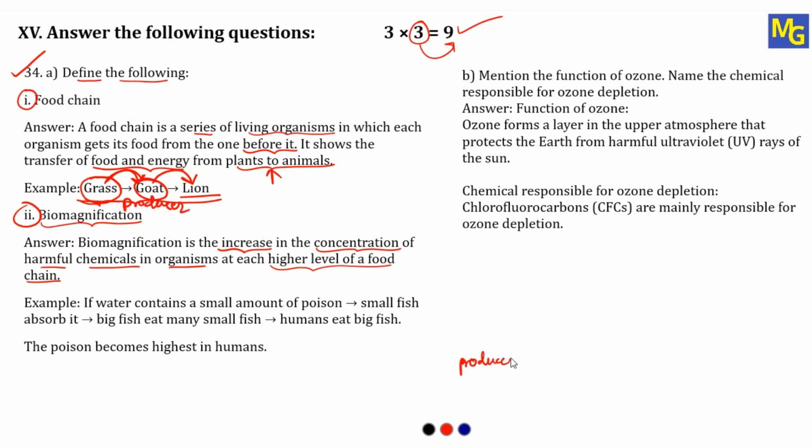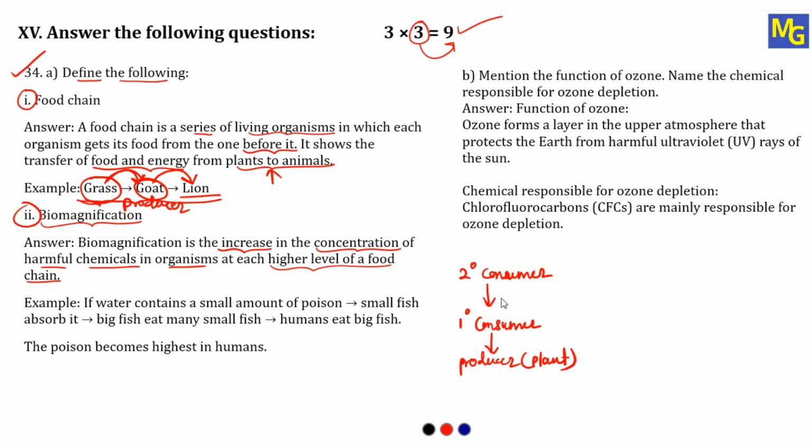The animals that depend on them are called primary consumers. Producers are nothing but plants which produce food. Then there will be secondary consumers. These secondary consumers depend on the primary consumers for food, and this is called a trophic level.